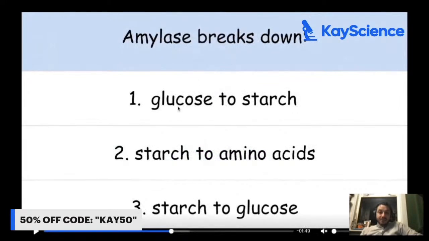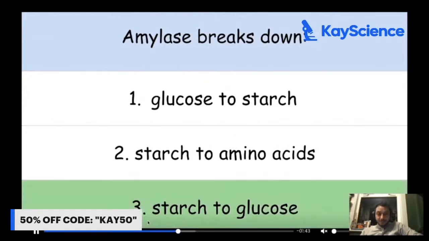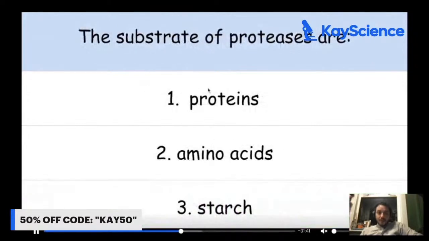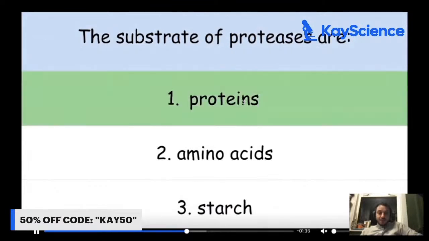Amylase breaks down 1, 2, or 3. Starch into glucose, number 3. The substrate of proteases are, so what is it that binds proteases? 1, 2, or 3? Protein.